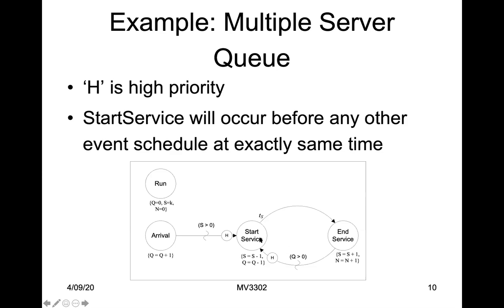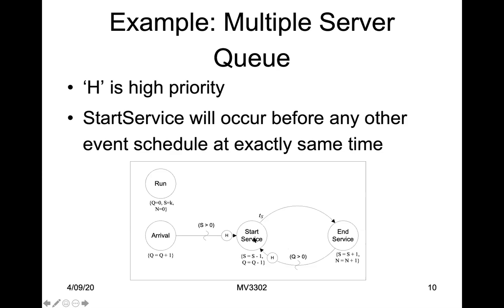So the likelihood of this is very, very small as long as you're using continuous random variables. But sometimes you might use discrete random variables for the arrivals and the service times, and in that case, you may get time ties. So in this case, we want to schedule start service with a high priority so that it occurs before any other scheduled end service or arrival events.